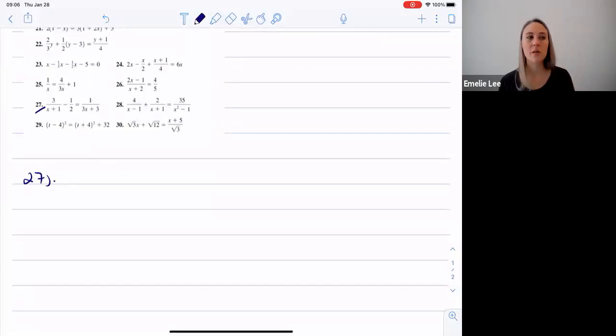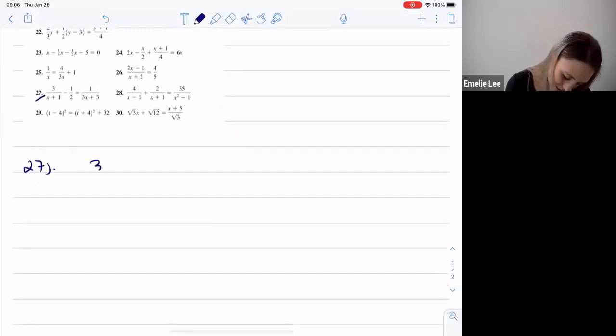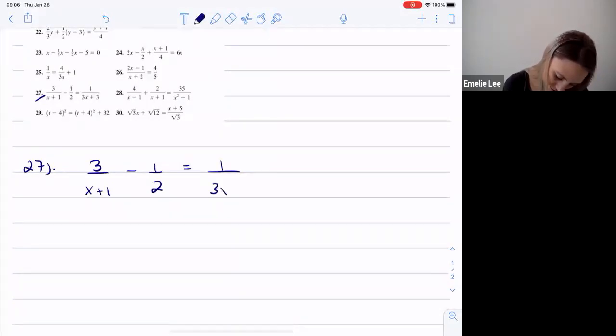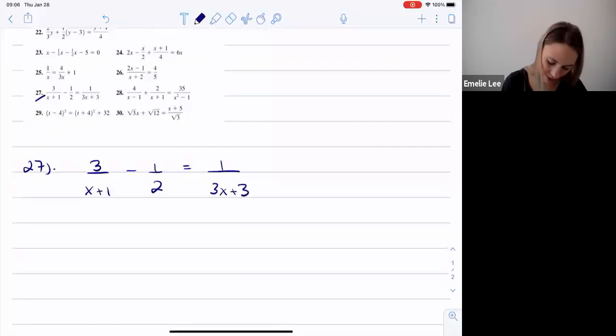And it's going to be very similar to what we did at the end of the day last day. Okay. So we've got 3 over x plus 1 minus 1 over 2 is equal to 1 over 3x plus 3.